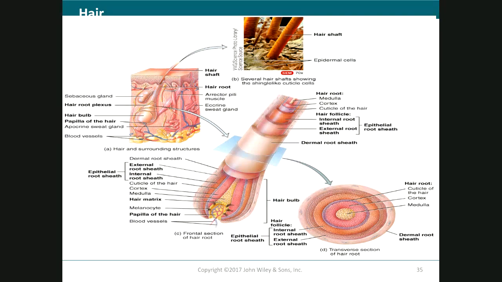Make note of these sebaceous oil glands around the base of the hair here. Okay. And then we have the papillary muscle, which contracts and relaxes in order to allow the sebaceous oil glands to secrete more sebum.